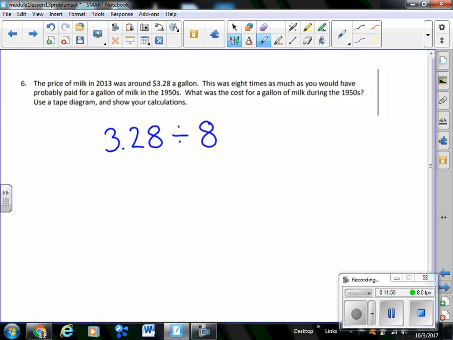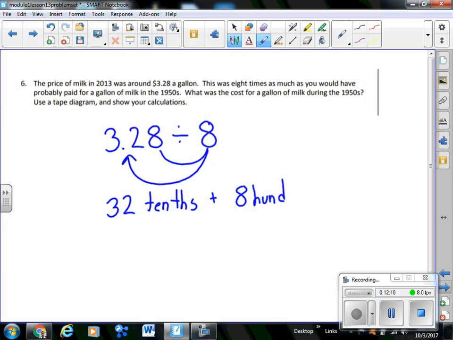If we do that, 8 does not go into 3, but it goes into 32. So I can break that into 32 tenths plus we also have 8 hundredths. And we need to divide all of that by 8.